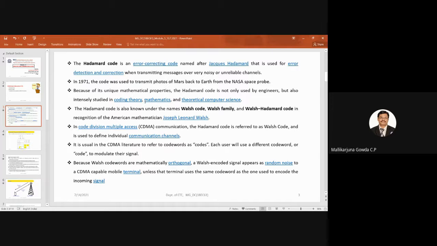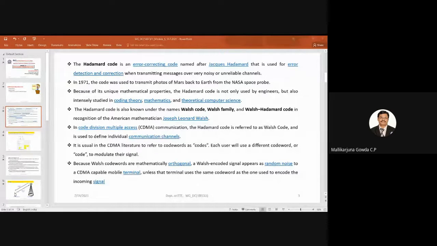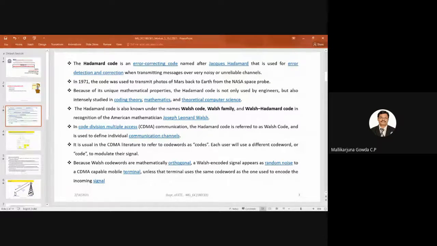Hope I'm audible? Yes, I'm asking, have you heard about this Hadamard code? This Hadamard code is also known as the Walsh code. Basically, it is an error correcting code.